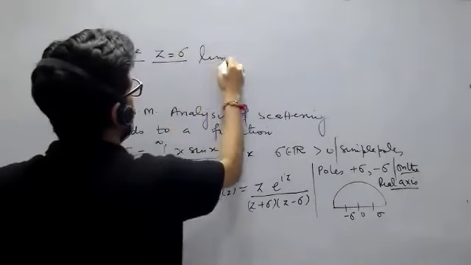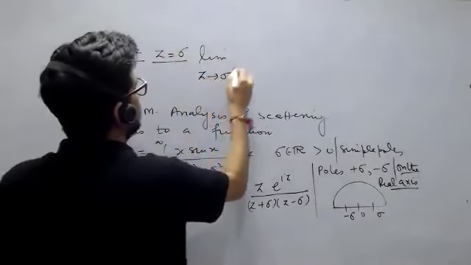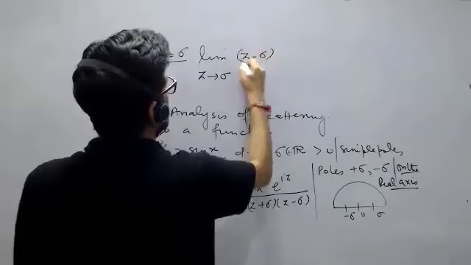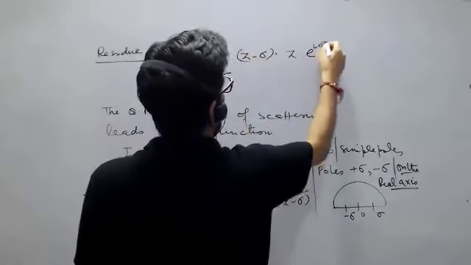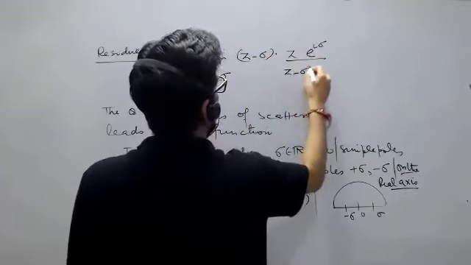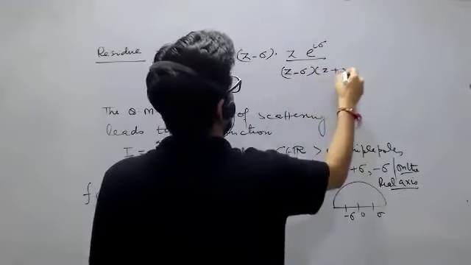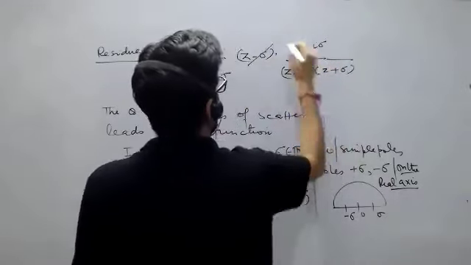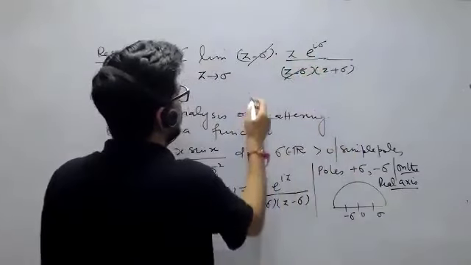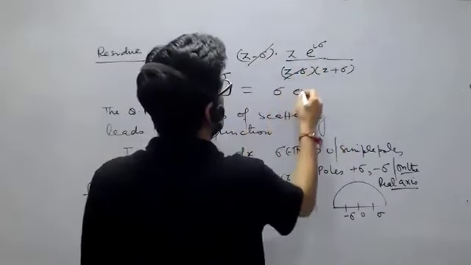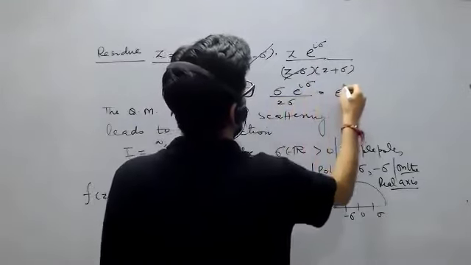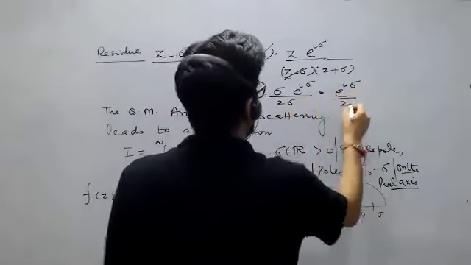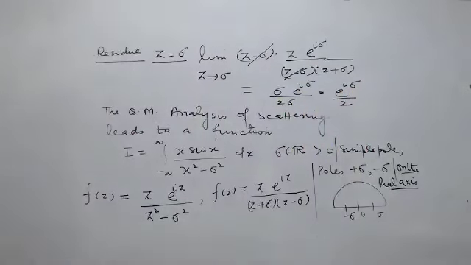So it will be limit z tending towards sigma, z minus sigma into z e to the power I sigma over z minus sigma z plus sigma. This will be cancelled and put z is equal to sigma, so it will become sigma e to the power I sigma over 2 sigma, which is e to the power I sigma by 2.